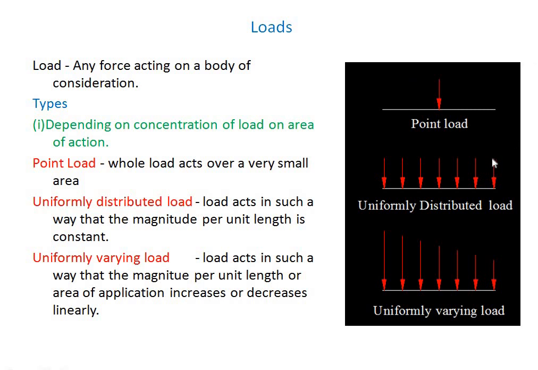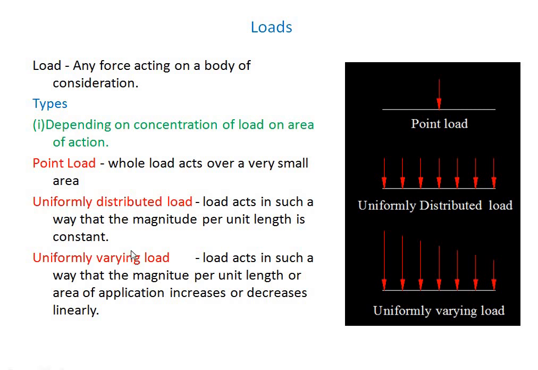That is, the 10 kilonewton load will be spread uniformly over a length of 1 meter. So per unit length of action of load, the magnitude will be 10 kilonewton, right? So the rate of loading is constant.